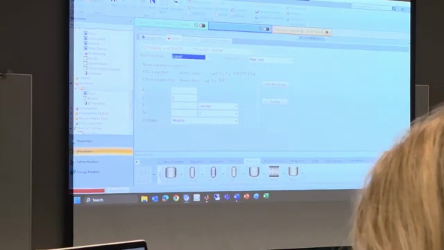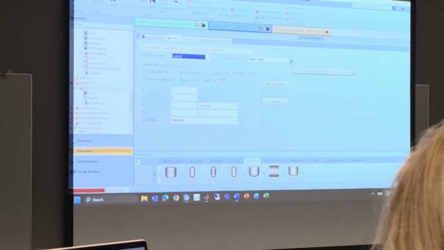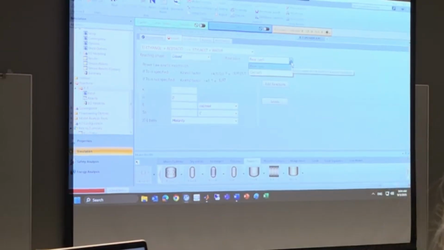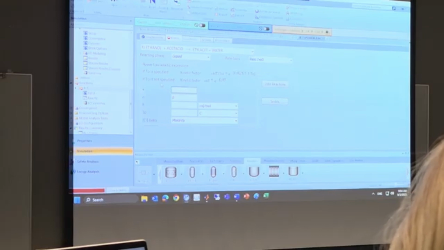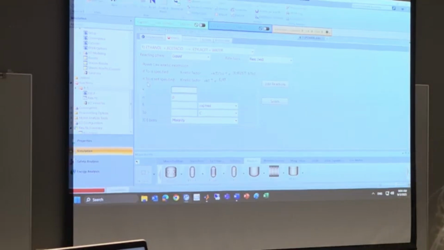Our reaction is in the liquid phase. The base phase is reaction basis or catalyst. If you have a catalyst, the catalytic phase, different reaction basis or catalytic basis. Now, the initial temperature is not specified in our case, so we can use this format. And our reaction kinetics is given.